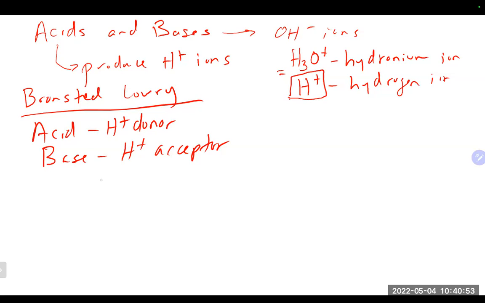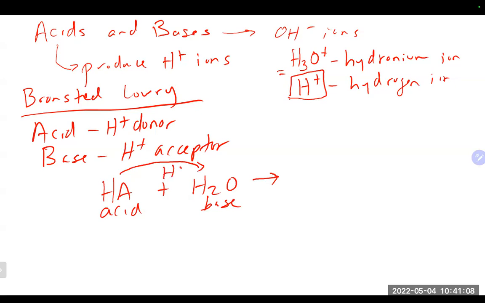So we have a generic reaction here. If this is an acid and water is acting as a base, the water will accept the H plus from the acid. The result is A minus plus H3O plus.